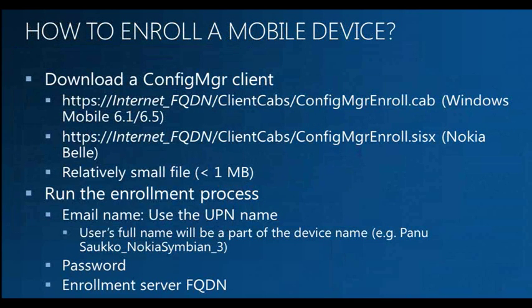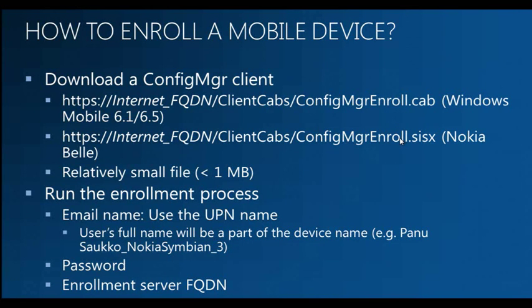So how do you then actually enroll a mobile device? First of all, you need to download the client, and you start a web browser on your mobile device. There are two different client files: ConfigMgrEnroll.cab for Windows Mobile devices and ConfigMgrEnroll.sisx for Nokia Belle devices.